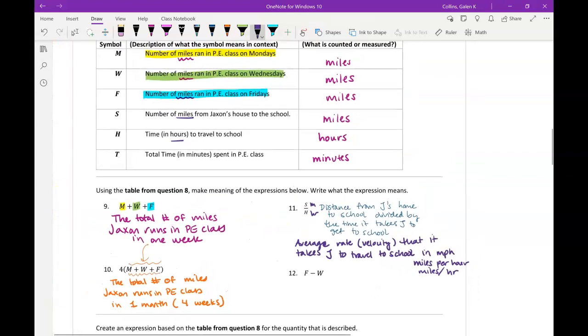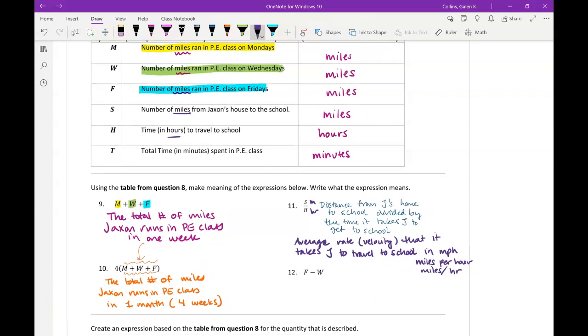Okay, then lastly, if I look at number 12, F minus W. So F is the number of miles ran in PE class on Friday. W, the number of miles ran on Wednesday. So this is really the difference between those values.